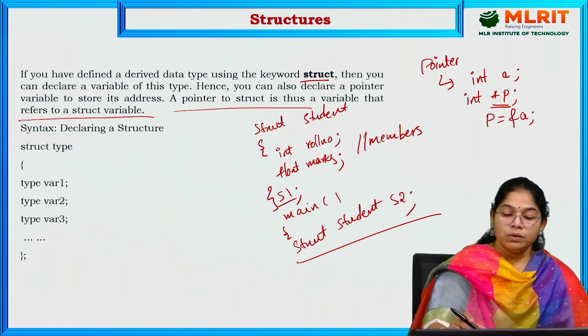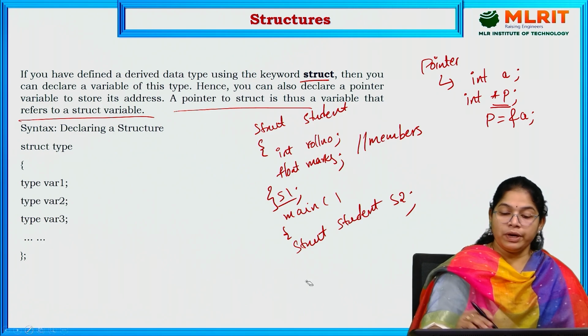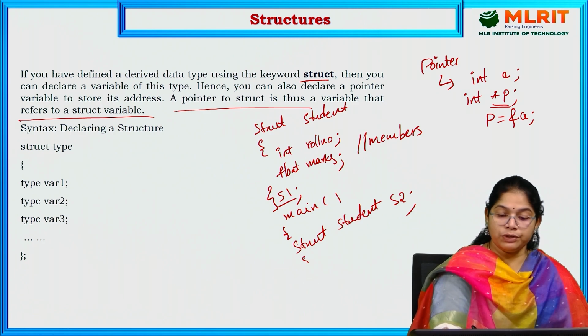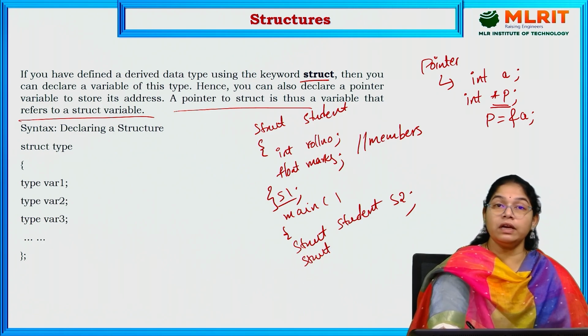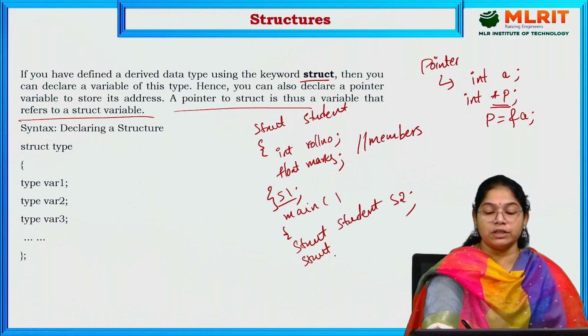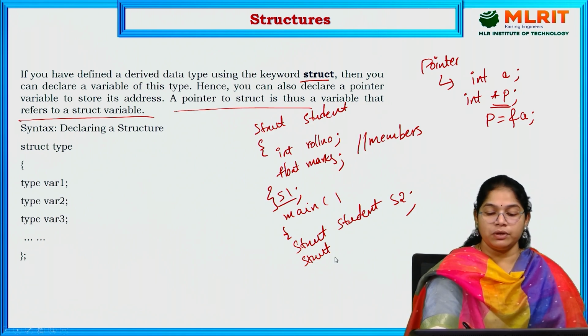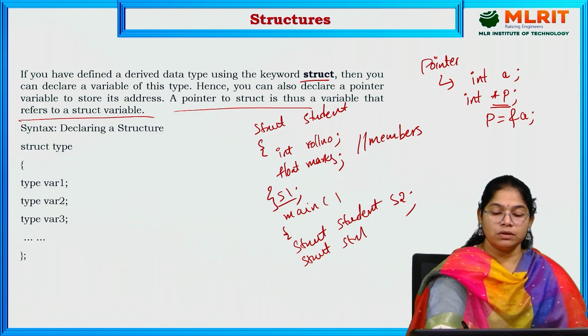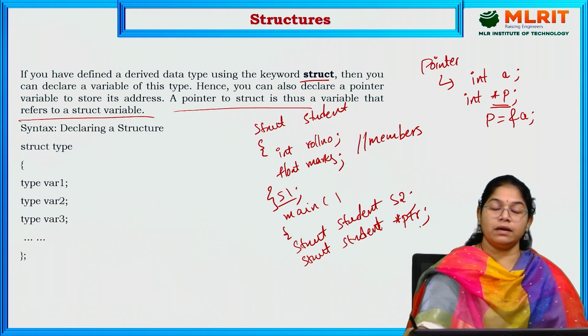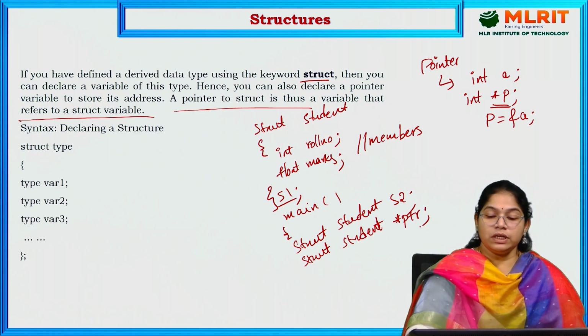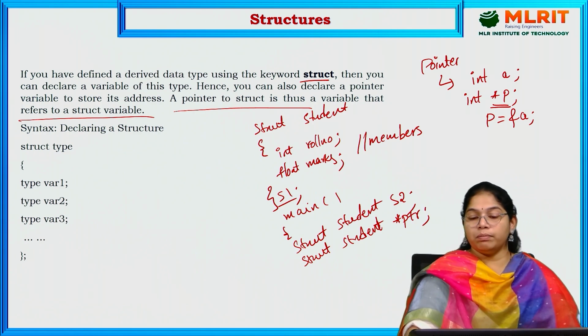So to create a pointer variable, we have to use a data type, but we are creating a pointer variable to the structure, so the pointer must also be of that type. So struct student pointer star ptr, asterisk ptr. Now we created a pointer variable.